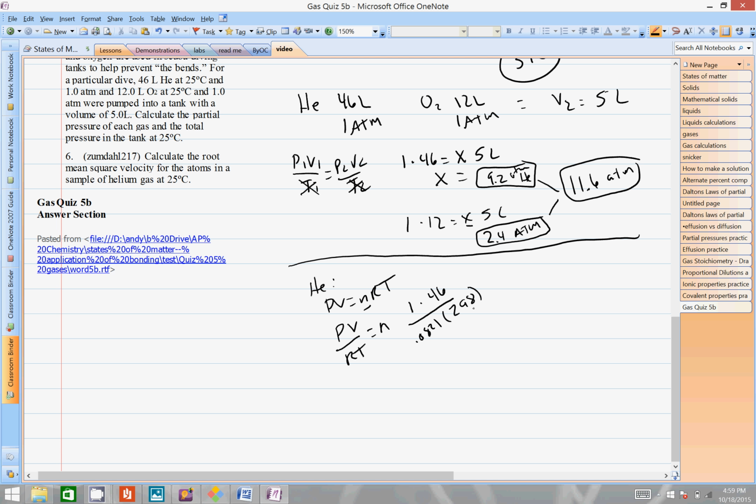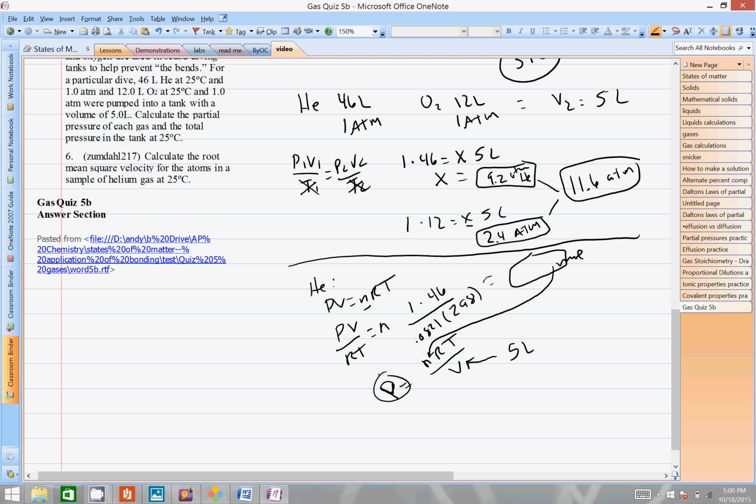It's at 25 degrees Celsius. This will give me my moles of that guy. Now, at that point, I would want to redo it, but do it with a volume of 5 liters instead. So take your moles and do it again. I want to solve for pressure. The volume's 5. Pressure equals nRT over, in this case, V. Whatever moles you plug in here, you'll get the pressure of that item. So I have my moles, just simply plug them in there, only this goes to 5 liters, and you solve for that pressure.